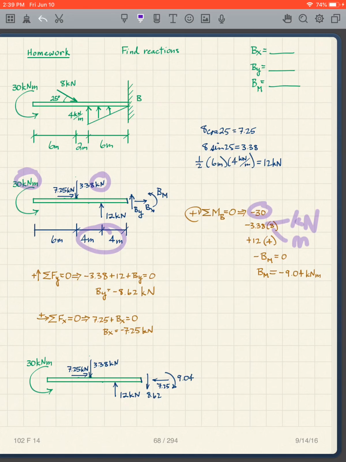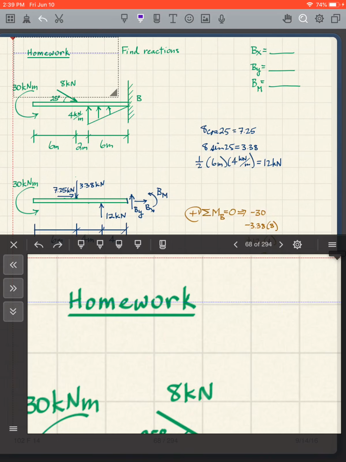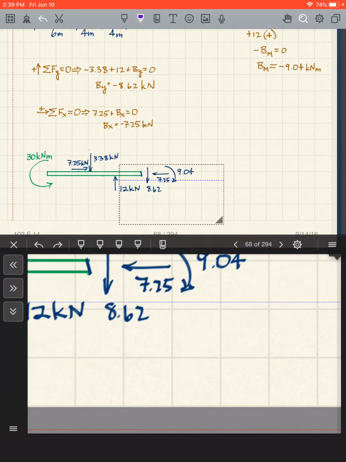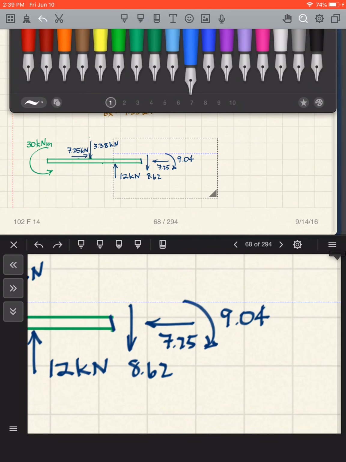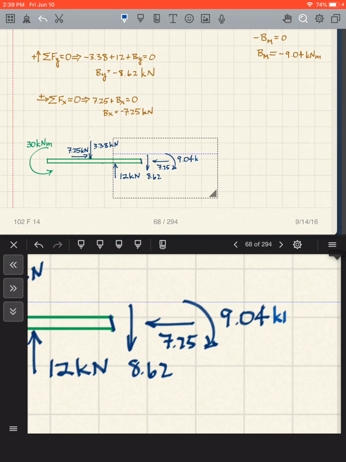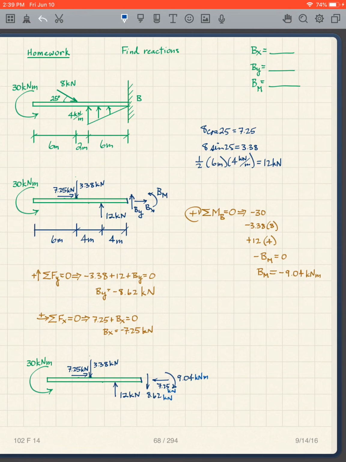And so all of the units there are kilonewton meters. And so when I solve for my BM, I end up with kilonewton meters. I guess I didn't show the units down there, so I probably should. So this is kilonewton meters. This is kilonewton, and this is kilonewton. So we can include those.